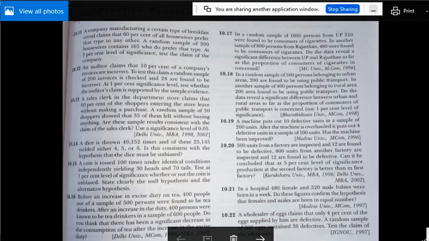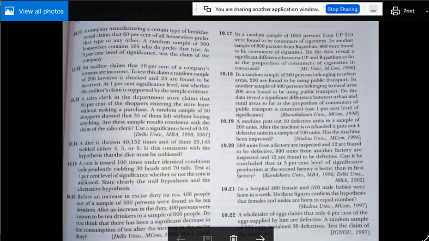So let's solve 10.18. In a random sample of 500 persons belonging to urban areas, 200 are found to be using public transport, and another sample of 400 persons belonging to rural area, 200 are found to be using public transport.